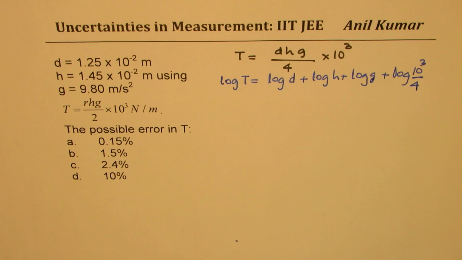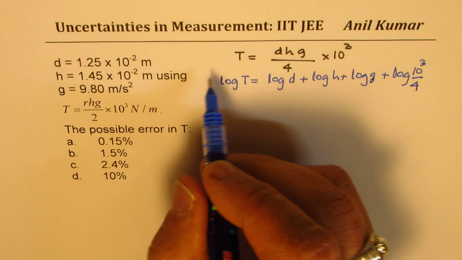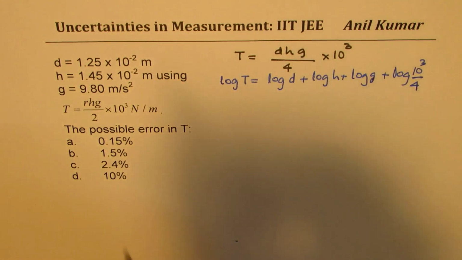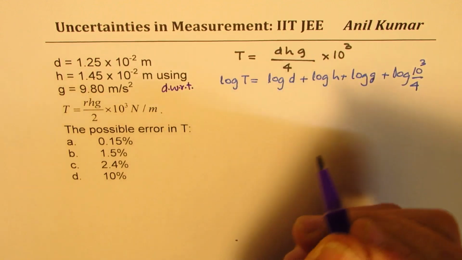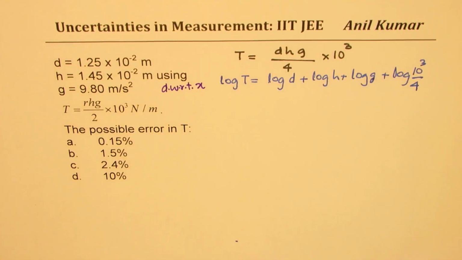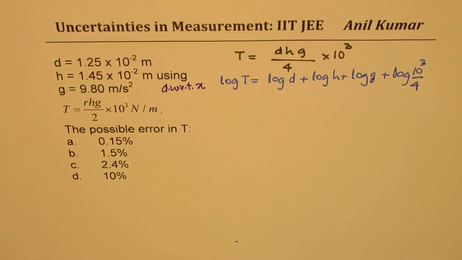Now we can differentiate both sides with respect to something, some variable x. When we differentiate to find a small change, what do we get?